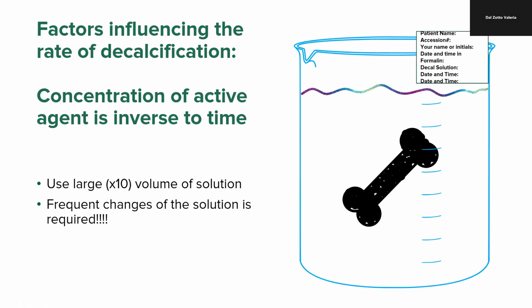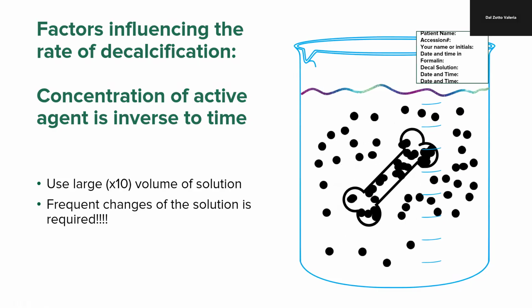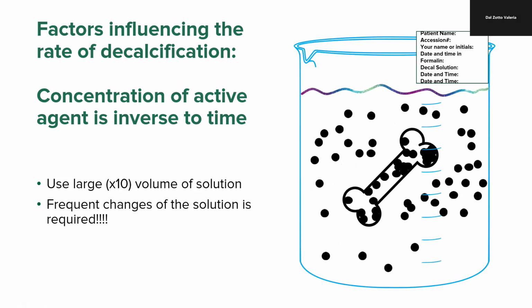We need to frequently change the solution to allow the solution to be active, because what the acid does is entrap calcium in its molecules. So at one point, this solution is going to be saturated with calcium and is not going to work anymore as entrapping positive charges.